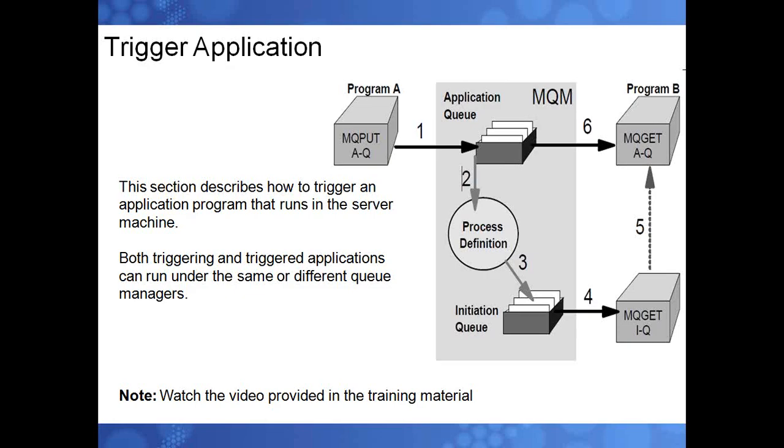Triggering acts as a catalyst to a particular application. If you want to run a particular application at a particular time, though you don't have resources available at that time, just by setting the triggering application in the WebSphere MQ, that feature can be achieved.